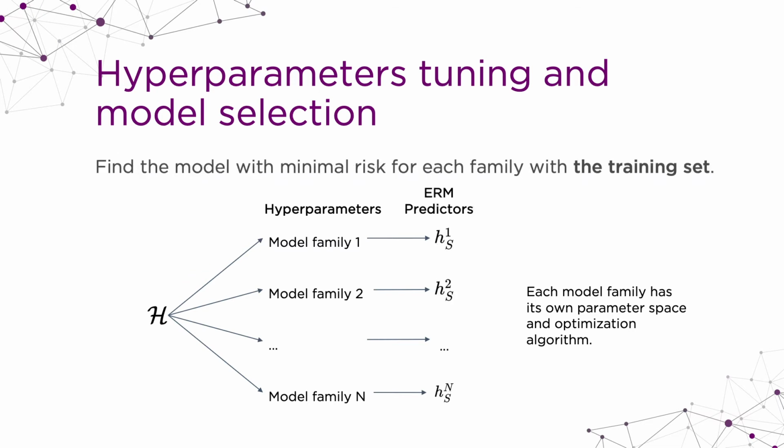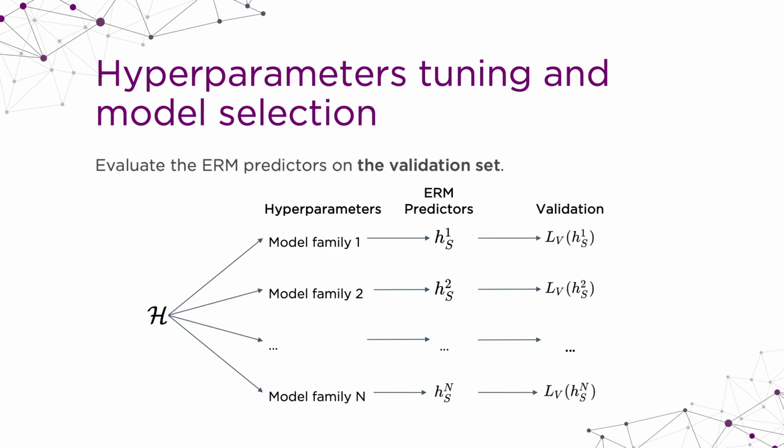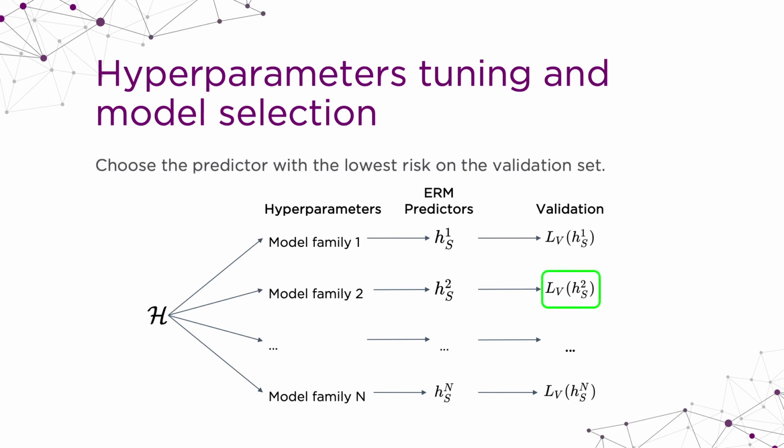And I will find, for each family, the model inside the space H that minimizes the empirical risk. Then I will evaluate each of these models on my validation set to retrieve an estimation of the risk. And so this one has the best performance on my validation set.